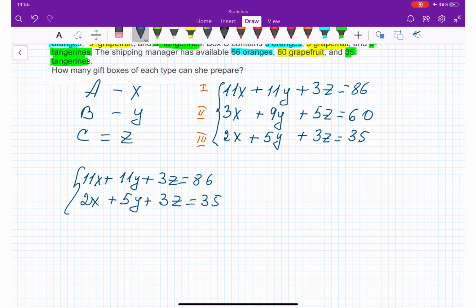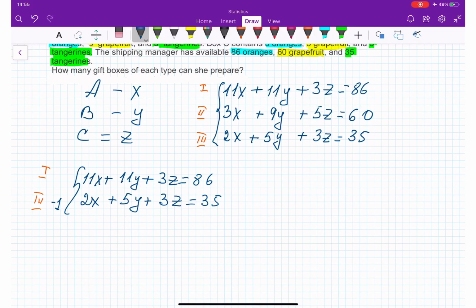So I used the first one and the third one. In both equations I have 3z, but I need one positive, one negative. So I'm going to multiply this third equation by -1.